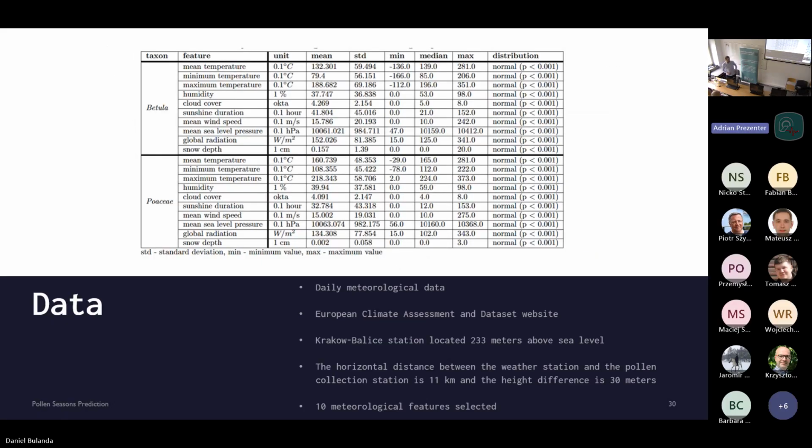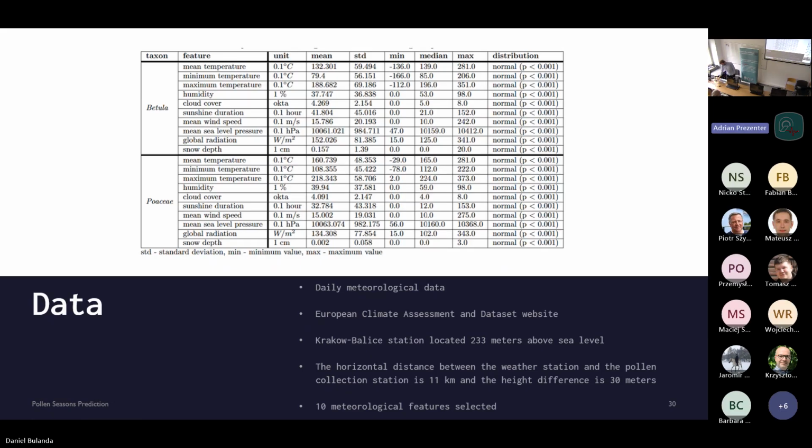Okay, in addition to pollen concentration data, we also use data from the Balice meteorological station, about 10 meteorological factors: temperature, humidity, cloud cover, sunshine duration, wind speed, sea level pressure, radiation, and snow depth. We use them because, maybe obviously, they need to be included in the modeling, as they highly influence how those trees and grasses release the pollen.